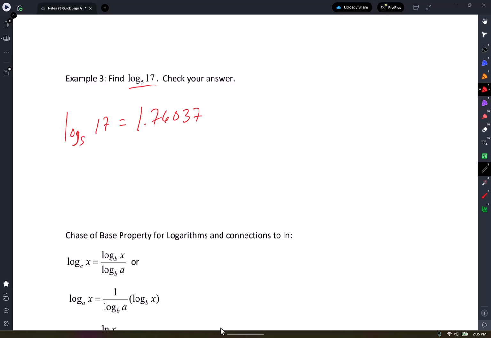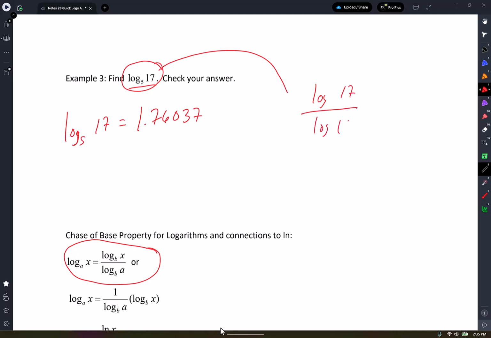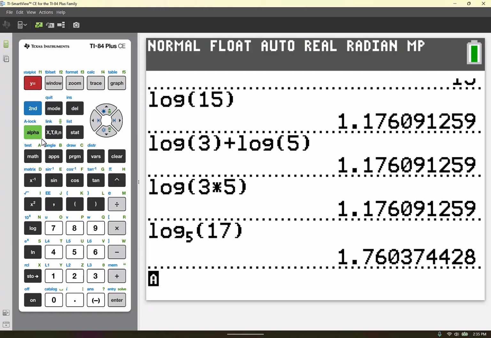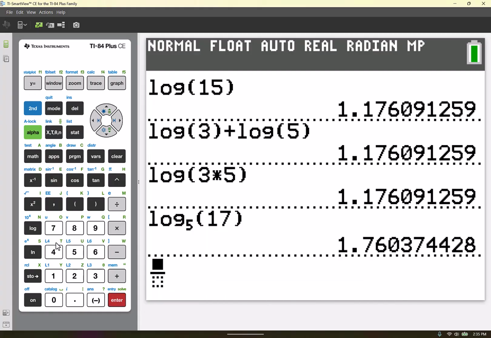There is something called the change of base property, guys, that you can always do. Let's say you have a scientific calculator and you can't put in a different base. You can go log of 17 divided by log of 5, and that will also give you 1.76037. I'm going to put my little fraction thing and go log 17 divided by log 5.